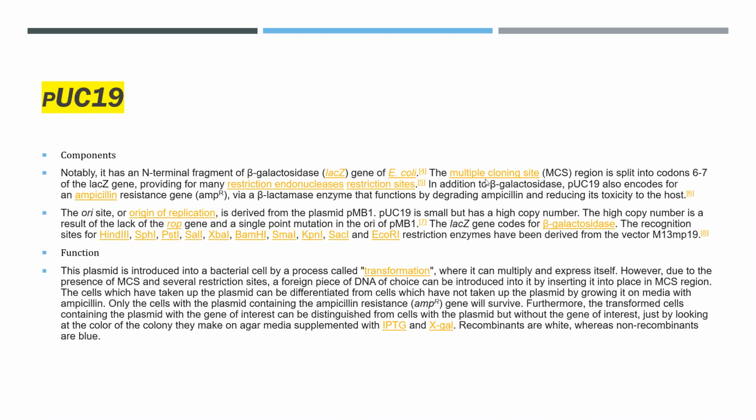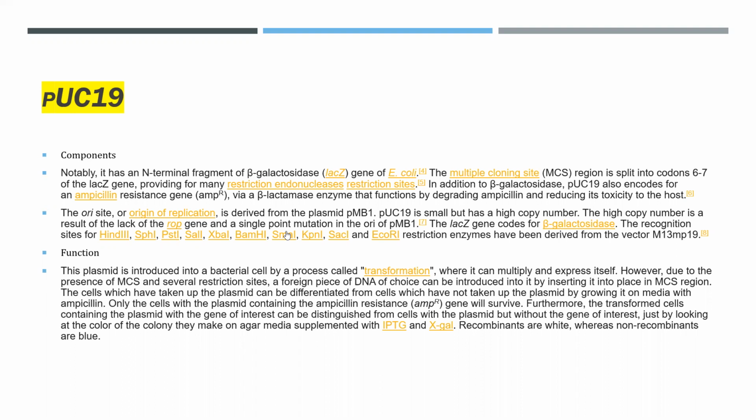The MCS means multiple cloning sites. Multiple cloning sites is split into codons 6 to 7 of the lacZ gene, providing for many restriction endonuclease enzymes. These are called HindIII, SphI, PstI, SalI, XbaI, BamHI, EcoRI. These are restriction enzymes.